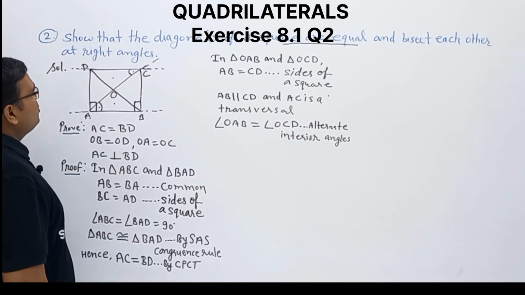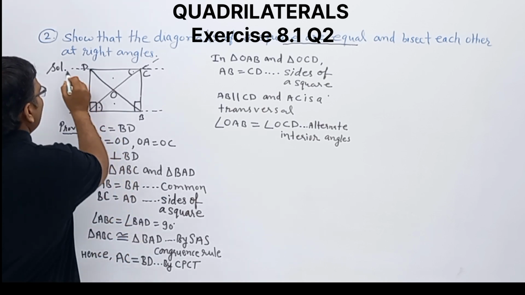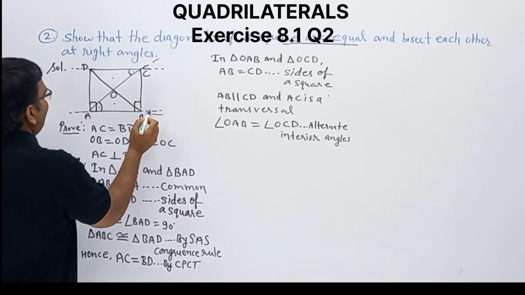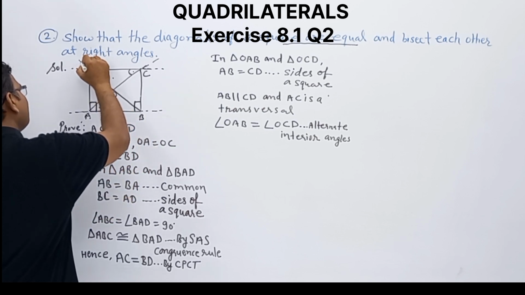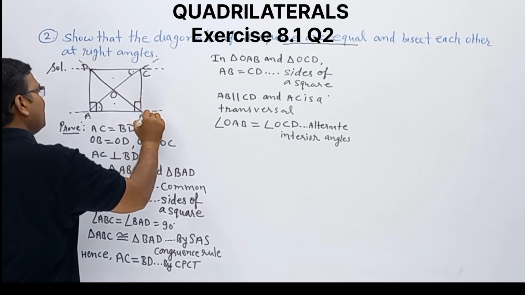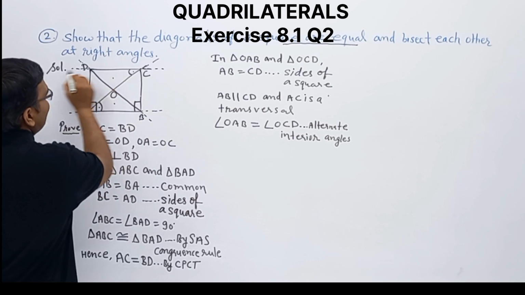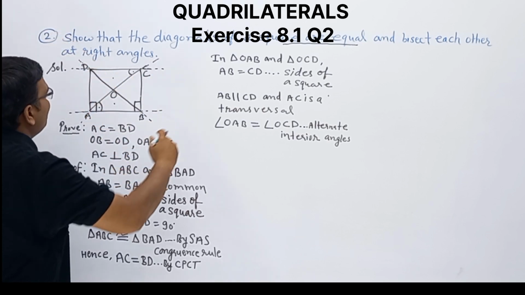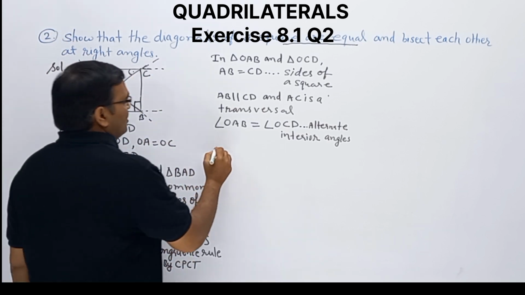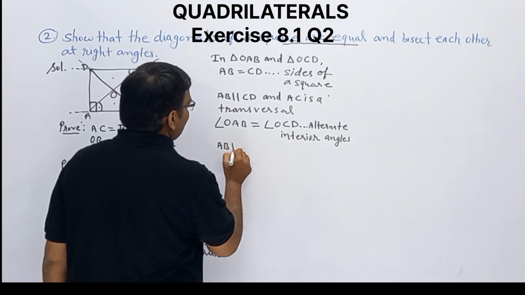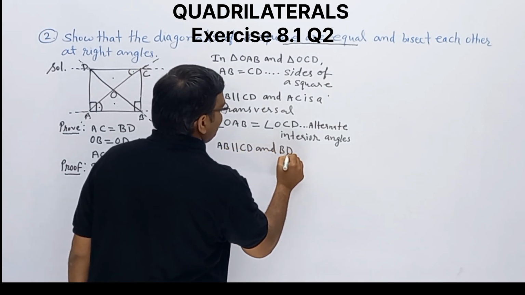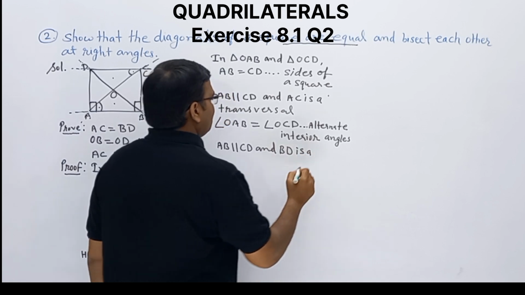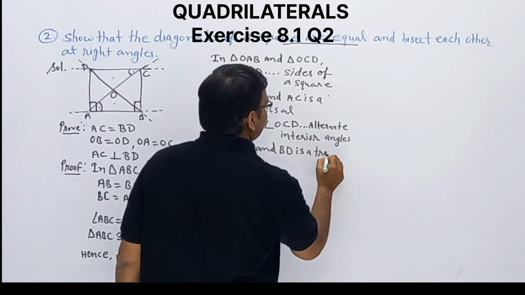Similarly, we talk about these two parallel lines and now we only change the transversal. We are considering BD as the transversal. Observe, AB is parallel to CD and BD is a transversal.